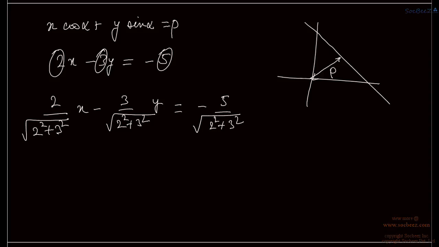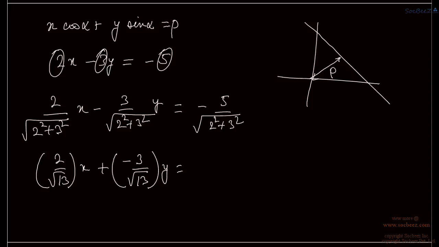So this is 2 square 4, 3 square 9, 13, root 13. 2 upon root 13 x minus, let me write as plus, 3 upon root 13 y is equal to minus 5 upon root 13, right?